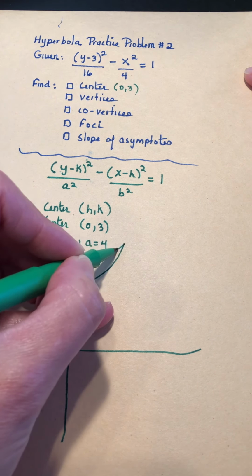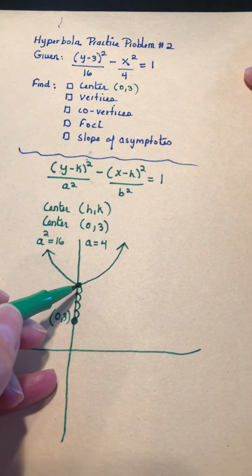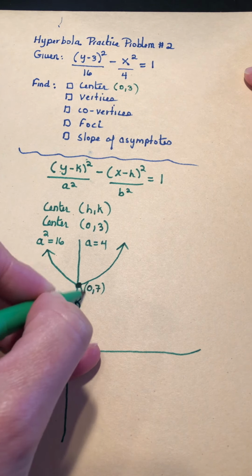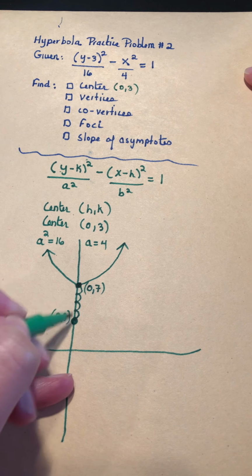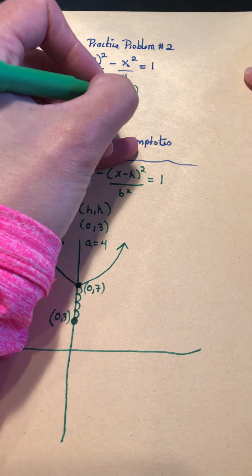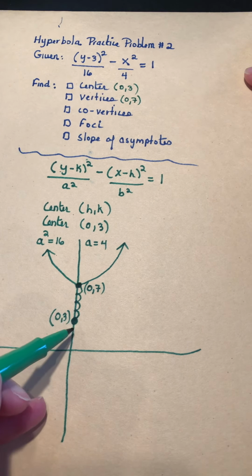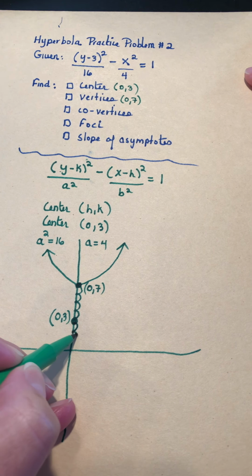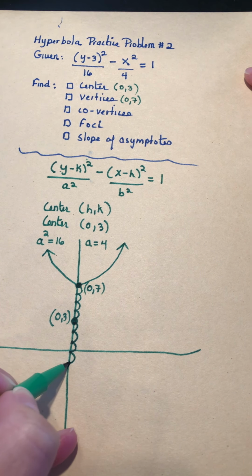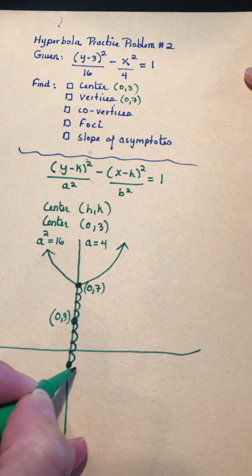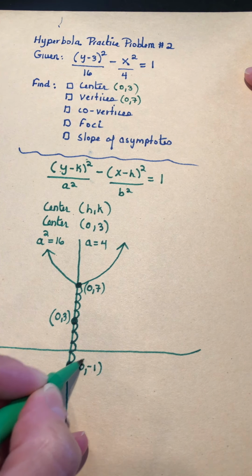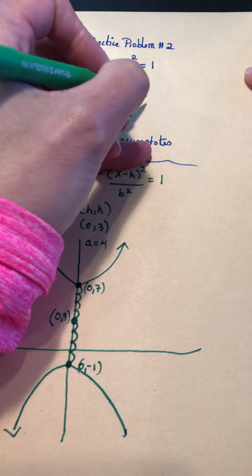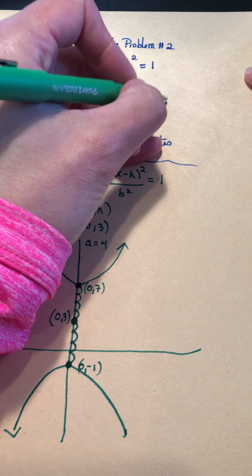Well, common sense tells me that that point is going to be at 0, 7, because it's going to be in line with the center. So the first vertex is at 0, 7, but don't forget there's another one symmetrically located below. So now I have to go 4 units down. 1, 2, 3, 4. And this point must be at 0, negative 1. Okay. So vertices figured out.